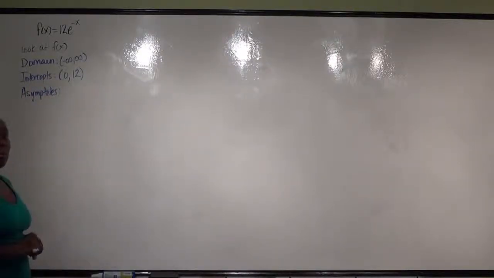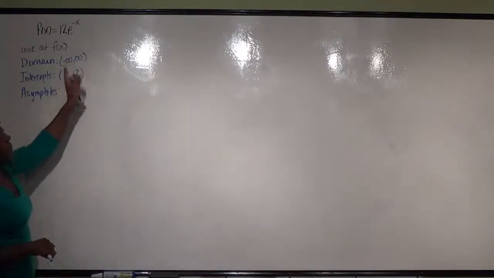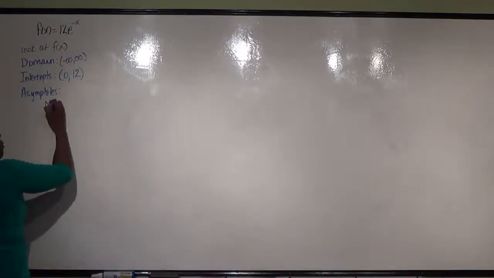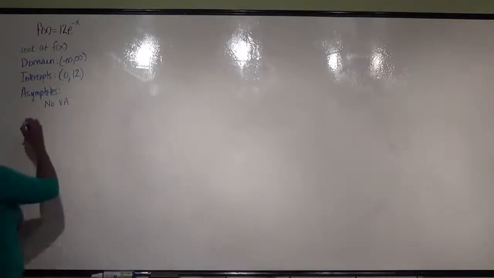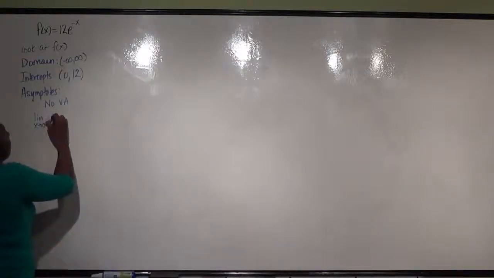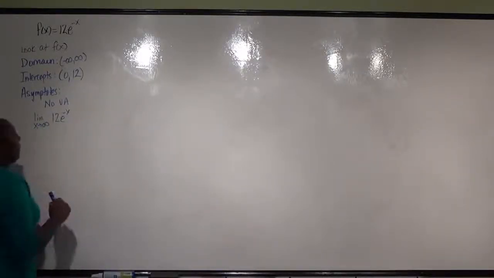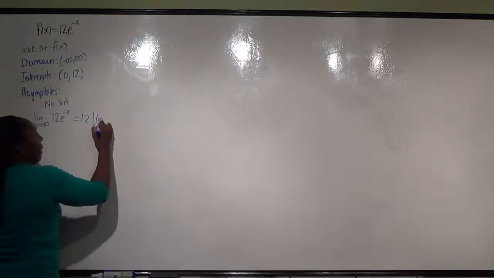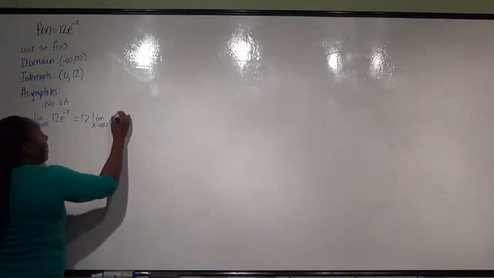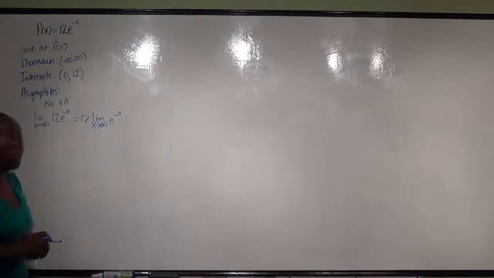Okay, let's look at asymptotes. Again, it's defined everywhere, so this tells me there are no vertical asymptotes. If we look at the limit as x goes to infinity, we can see this is going to be basically the limit of e to the negative x as x goes to infinity.